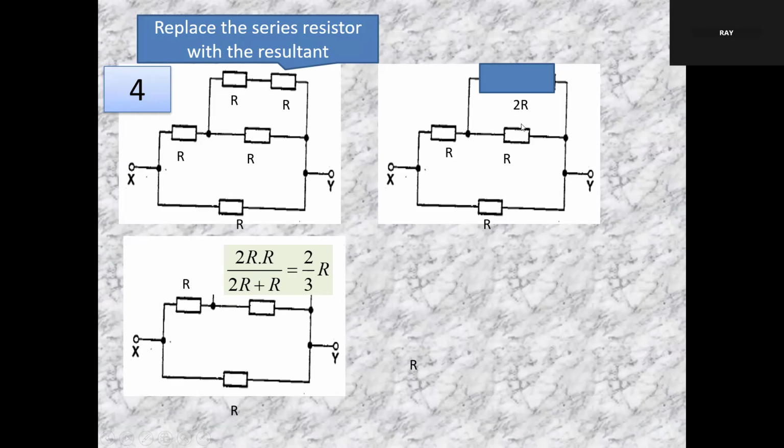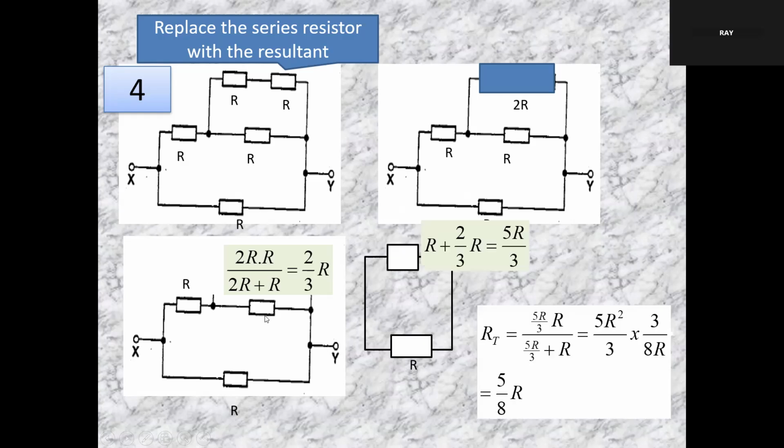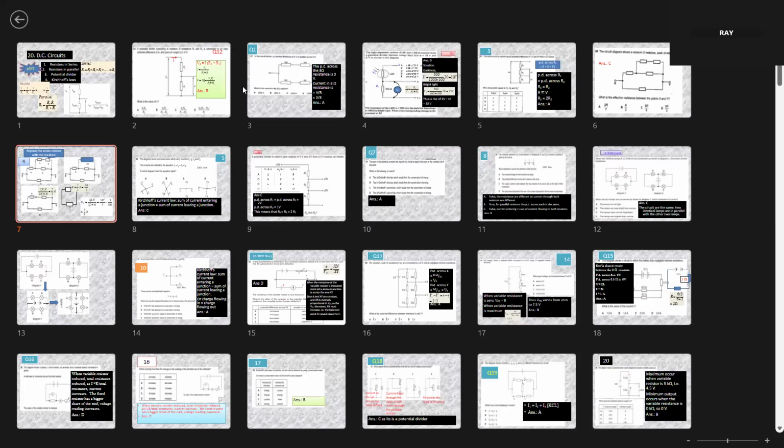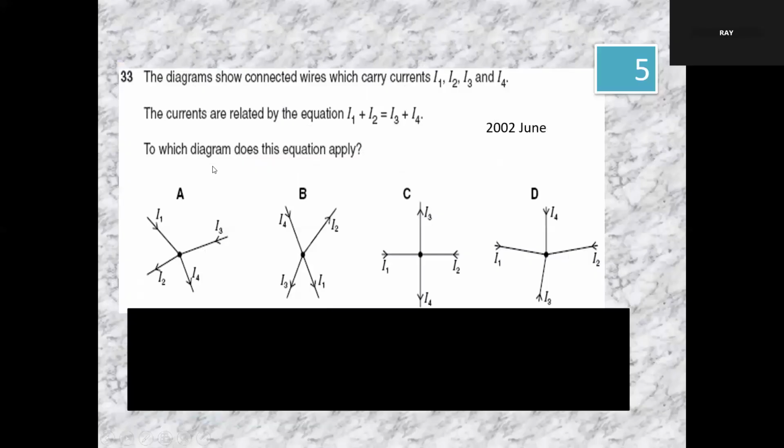These two multiply together, add together, or you can do your own way, 1 over R. And replace this one. Okay or not? Step by step. Okay.